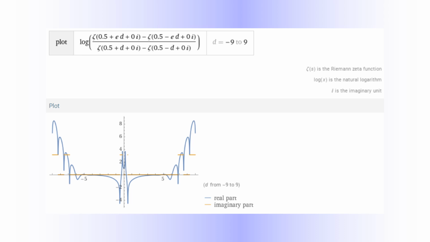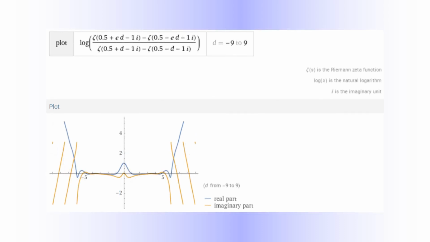Now c equals 0. We get some periodic spikes. Even now the real curve still crosses the critical line at exactly 1. Now c equals -1. The real curve is the same as when c was +1. Only the imaginary curve is inverted vertically.